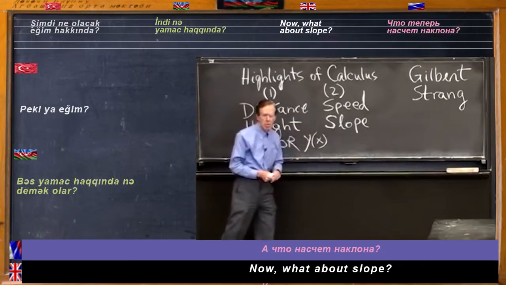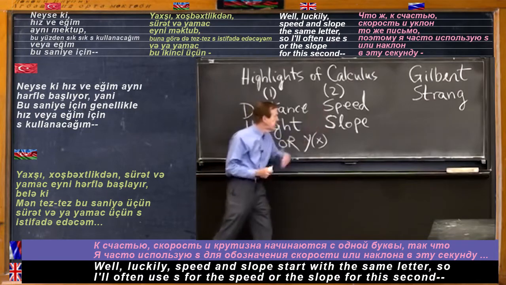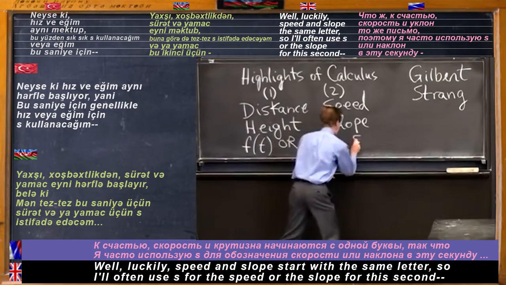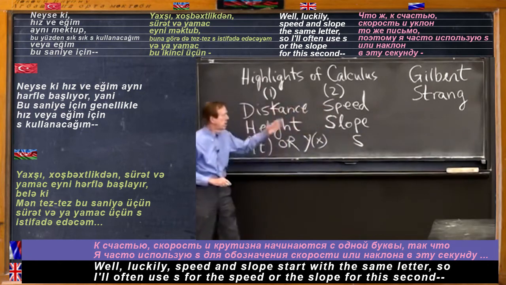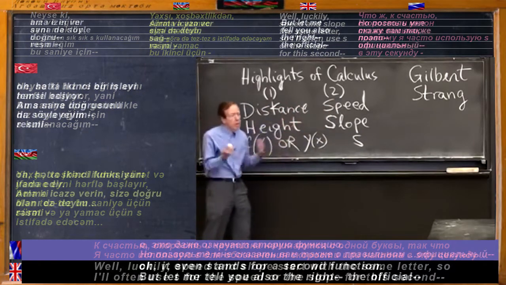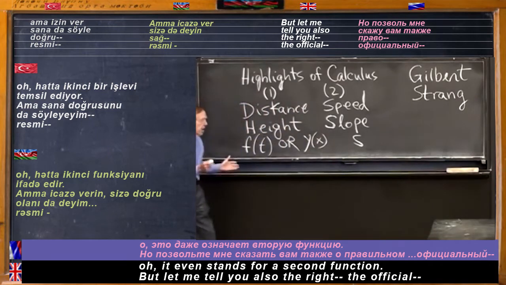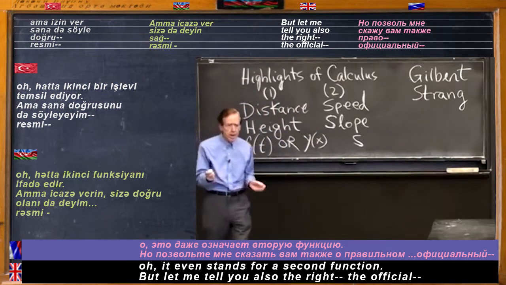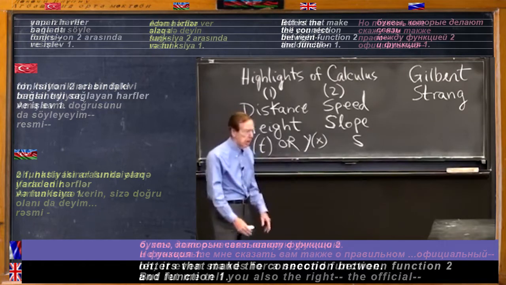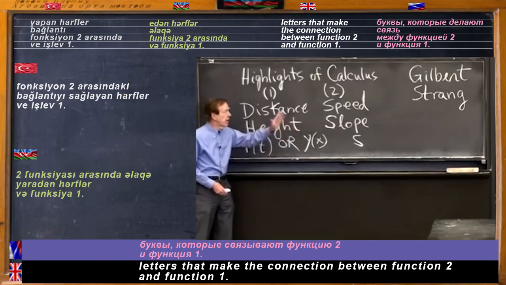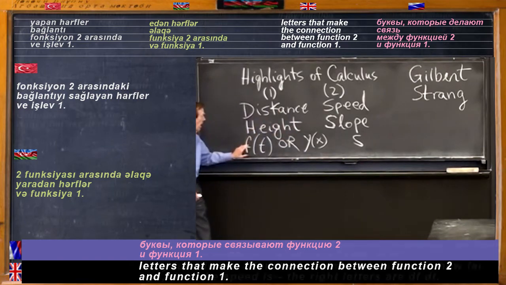Now what about slope? Well, luckily speed and slope start with the same letter, so I'll often use S for the speed or the slope. For the second, it even stands for a second function. But let me tell you also the official letters that make the connection between function 2 and function 1.